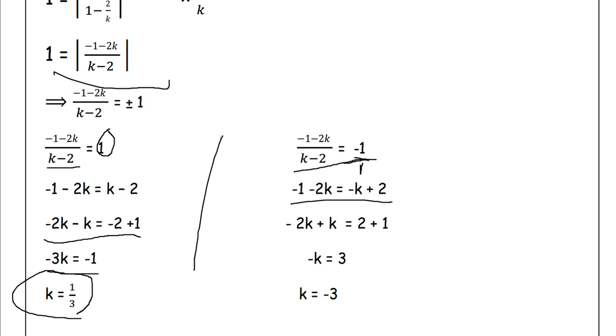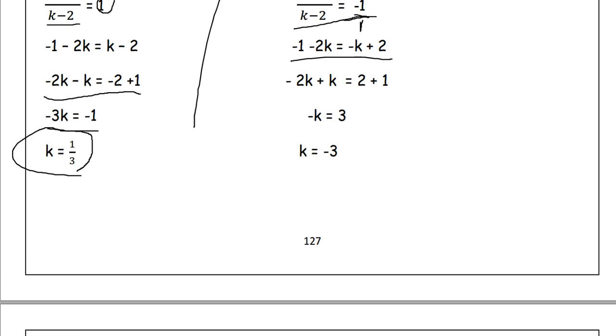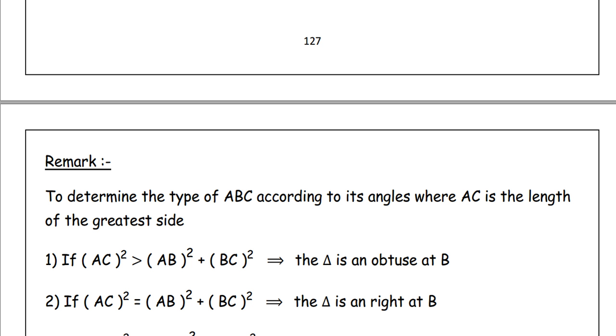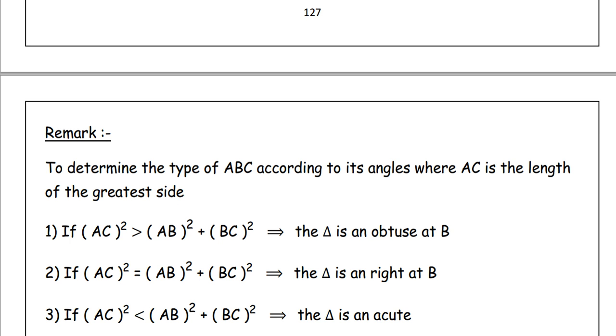Very important remarks: to determine the type of the triangle ABC according to its angles, where AC is the length of the greatest side.